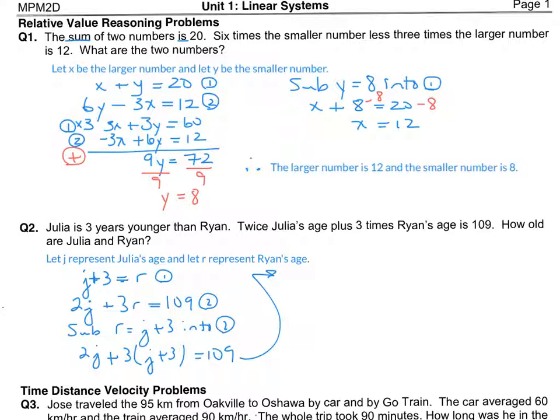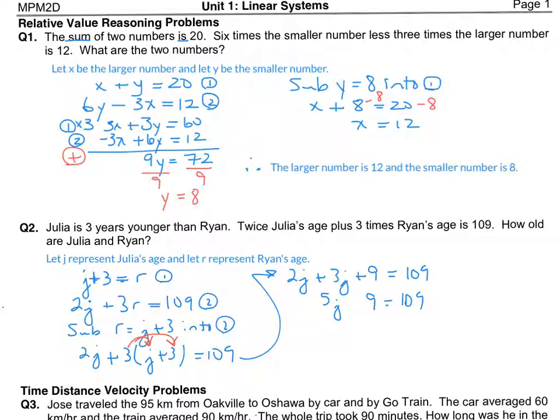I am going to expand that bracket. So we have 2J plus 3J, and then plus 9, multiplying through the bracket, equals 109. That came from multiplying that 3 through the bracket here. And then I can collect like terms, 2J plus 3J makes 5J plus 9 equals 109.